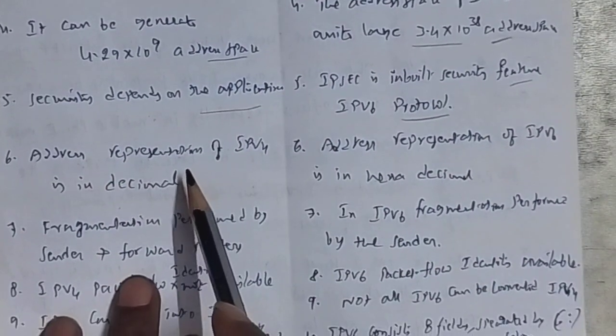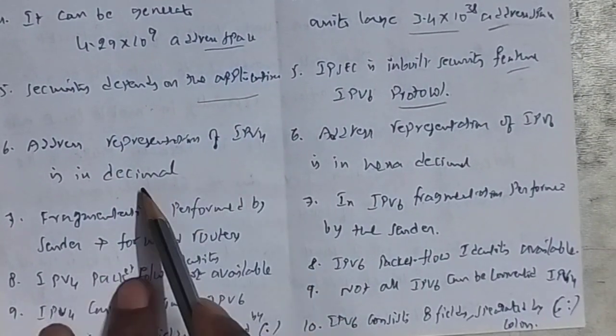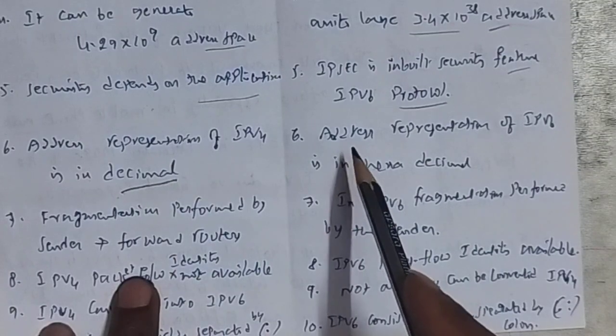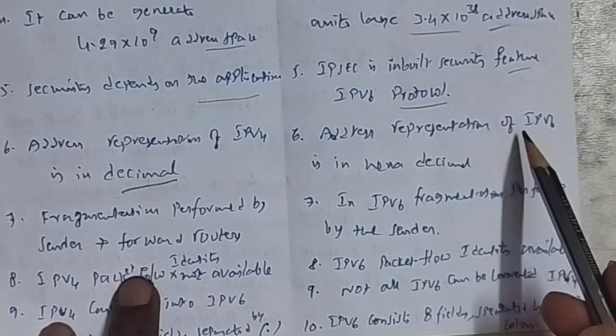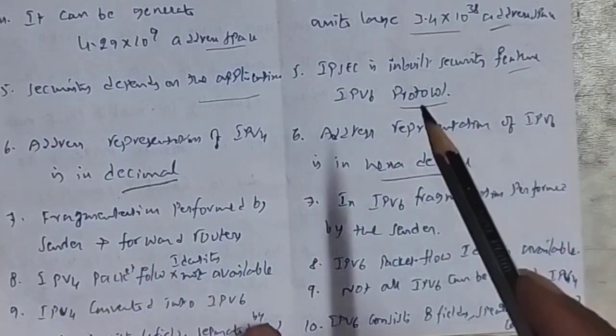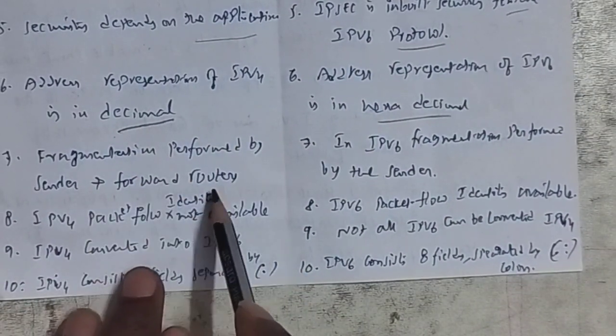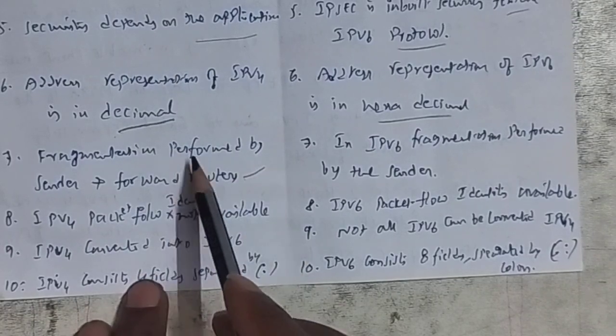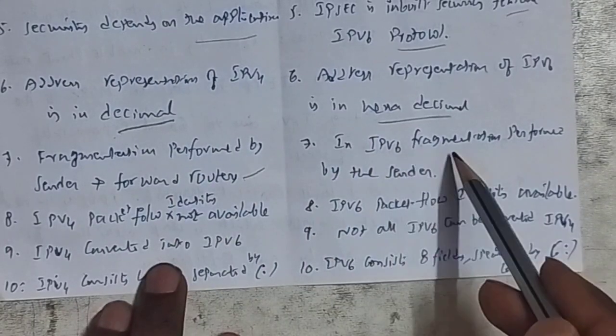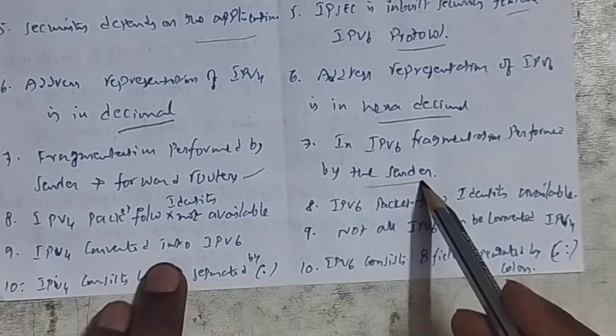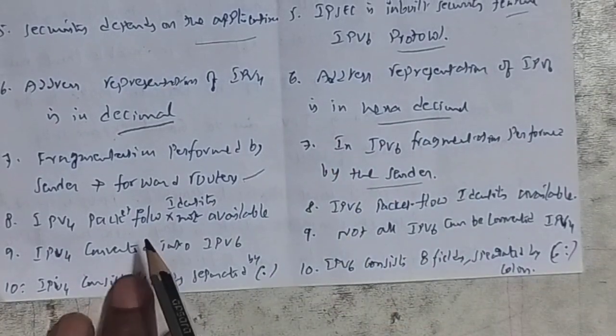The address representation of IPv4 is in the form of decimal. The address representation of IPv6 is in the form of hexadecimal. Fragmentation in IPv4 is performed by the sender and forwarding routers, and in IPv6 fragmentation is performed by the sender only.